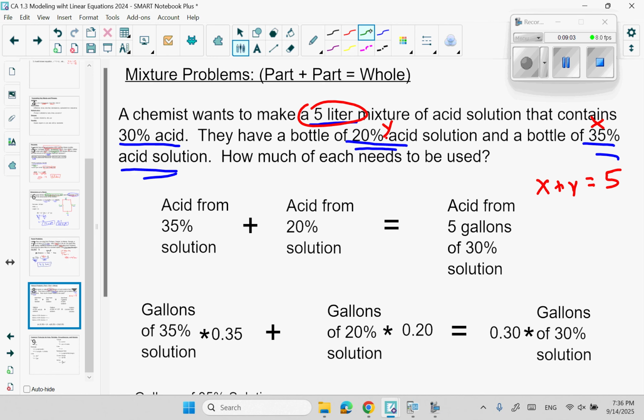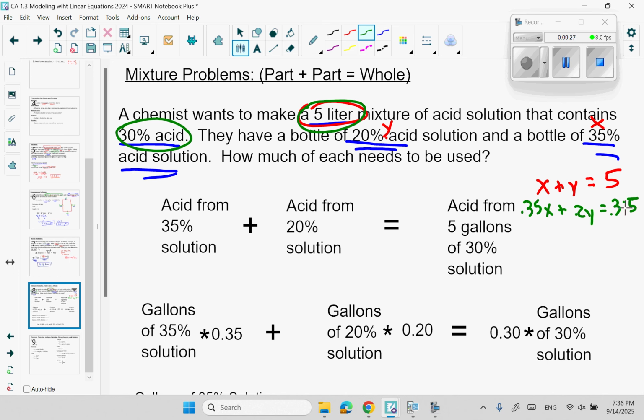Well, I can use the percentages of acidity, in this case, as coefficients. So I can do 0.35x plus 0.2y has to equal, well, here I'm aiming for 30% for the 5-liter. So I'm going to get 0.3 times 5.